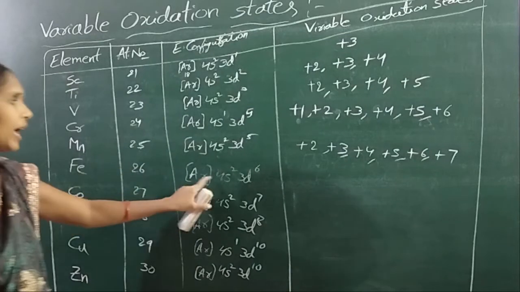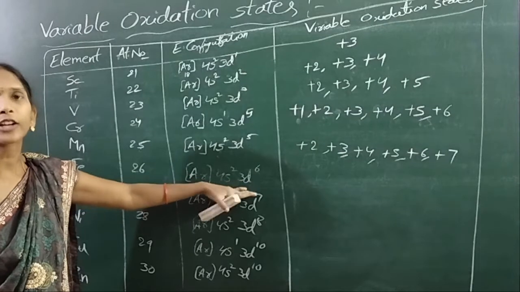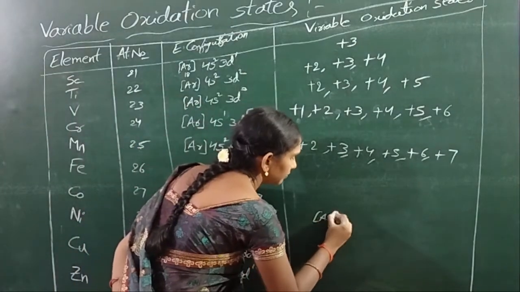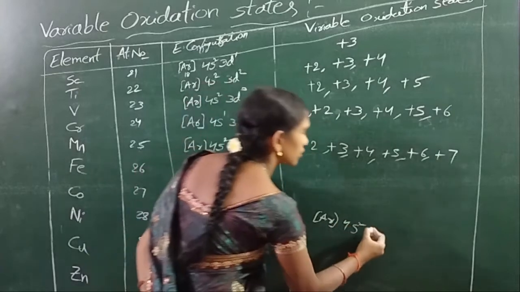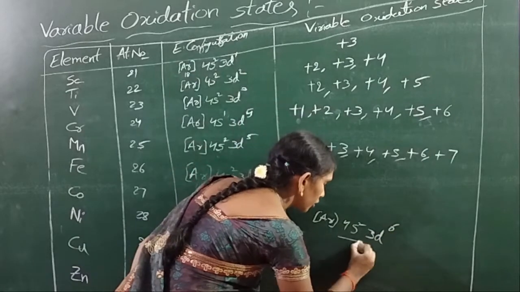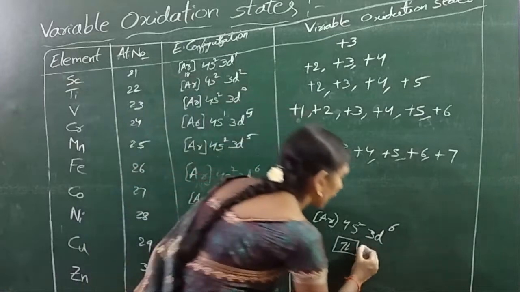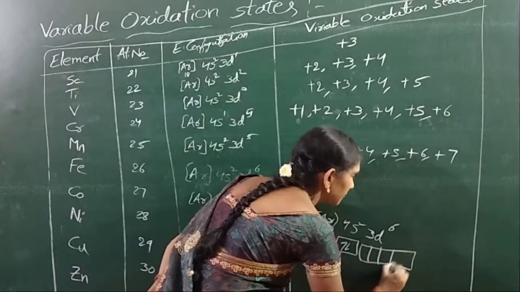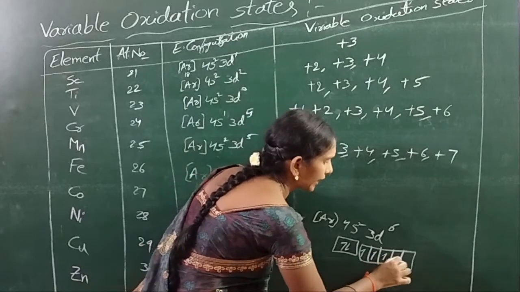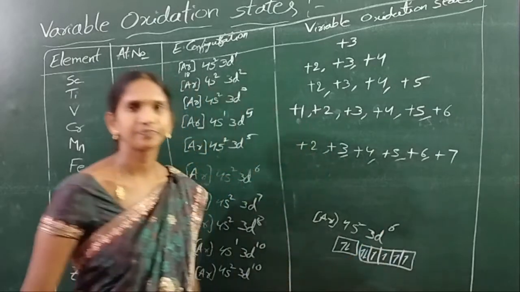Same way, iron: the atomic number is 26. This is the electronic configuration of iron: argon 4s2 3d6. 4s2 means 2 electrons in the s orbital, and 6 electrons in d: 1, 2, 3, 4, 5 and the remaining 6.